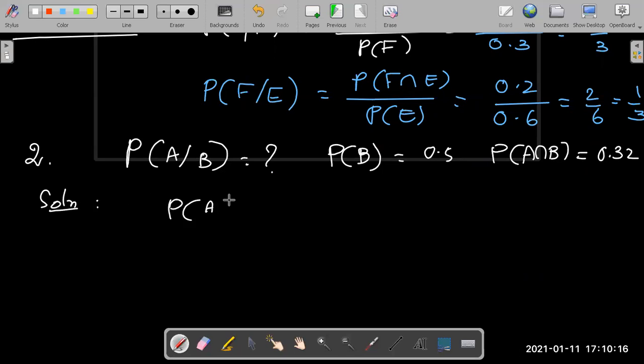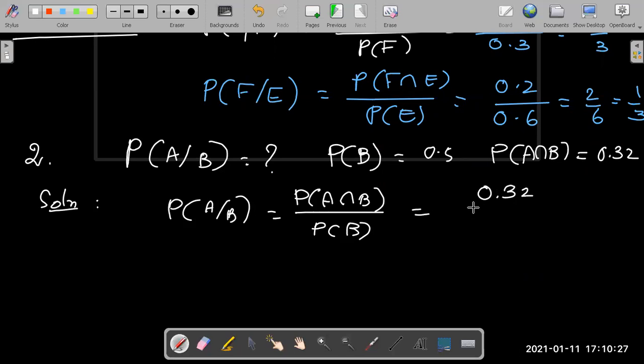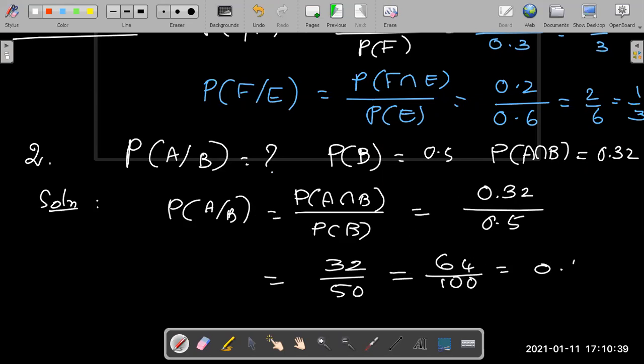Probability of A given B equals probability of A intersection B divided by probability of B. That's 0.32 divided by 0.5, so that is 32 divided by 50, which is 64 divided by 100. So it's 0.64. That's the answer.